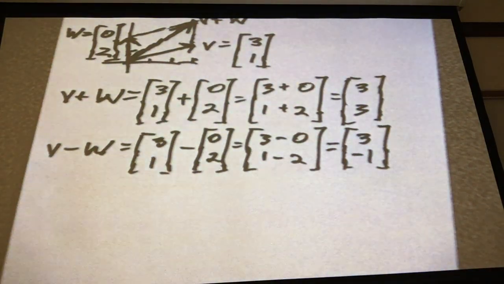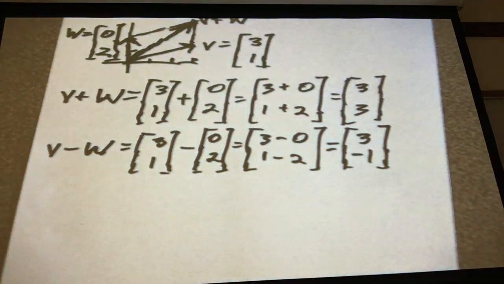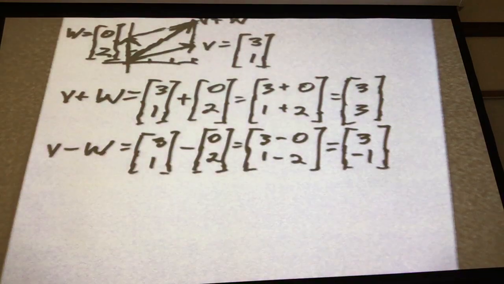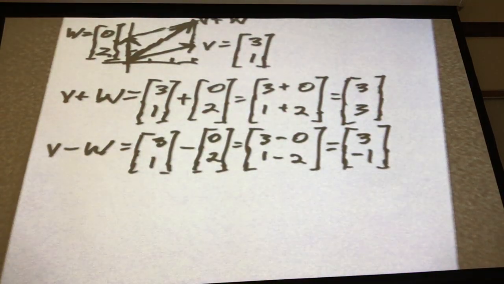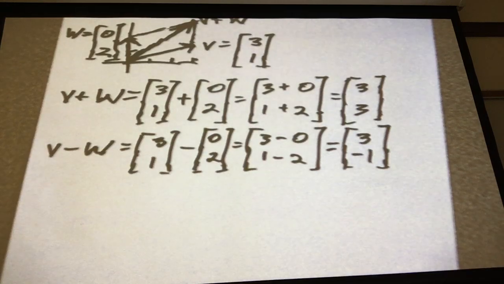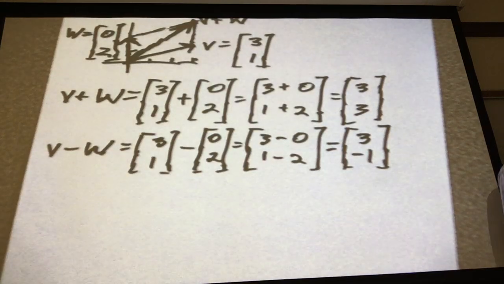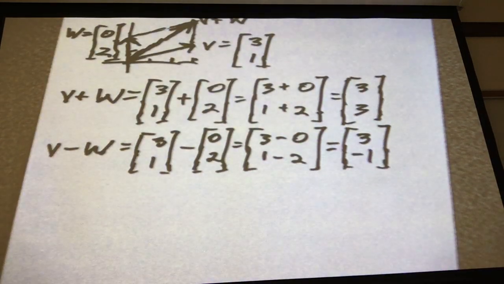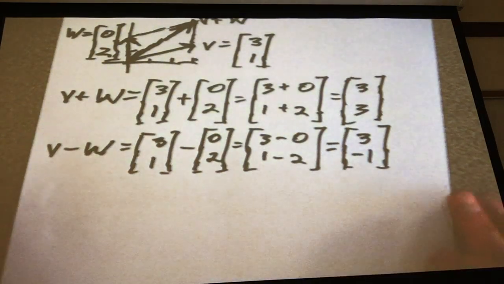Now, some of y'all, from high school or some of the places, might have seen some of the rules on, God, I can never remember, tip to tail or something like that. Just draw another parallelogram. This is what's good about the parallelogram trick. But what we're going to do is flip W to be negative.